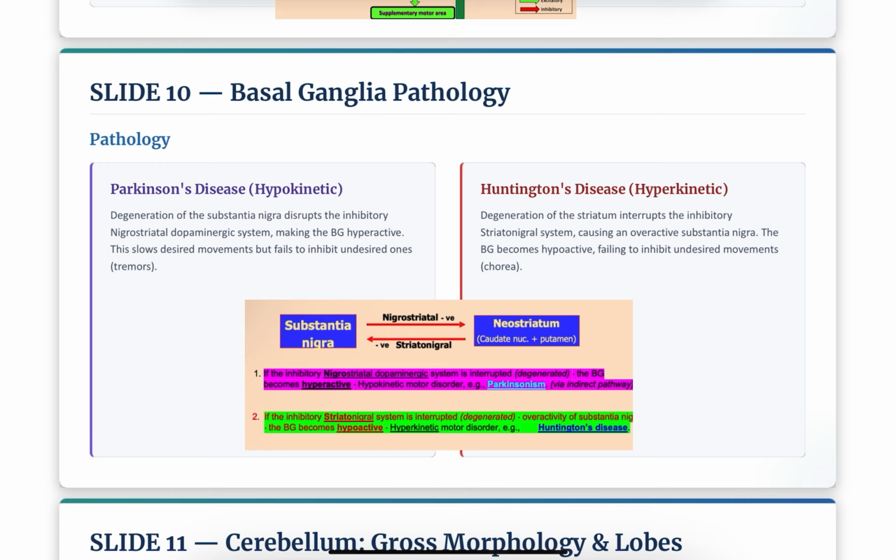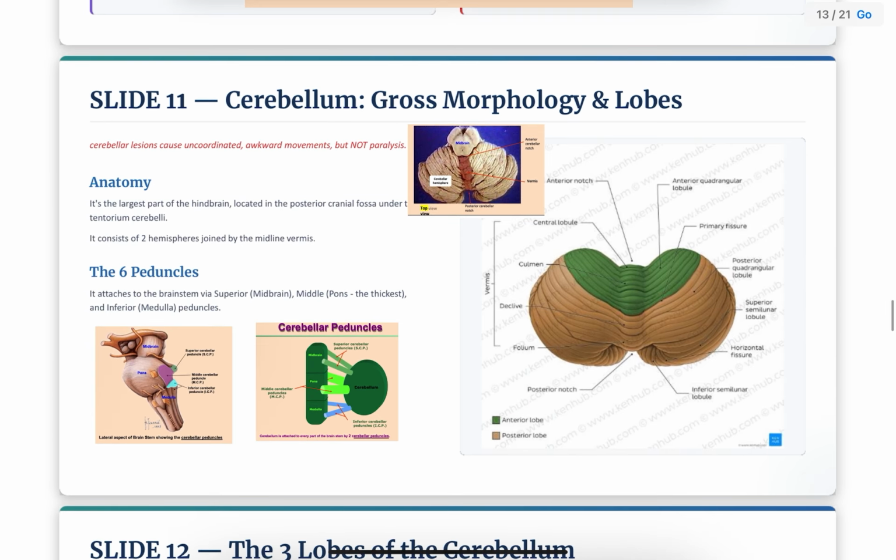Okay, now let's move on from the basal ganglia and start talking about the cerebellum. Now, the first major point for us to remember here is that a cerebellar lesion will cause uncoordinated and awkward movement, but it will not lead to paralysis. This is very important to put in mind.